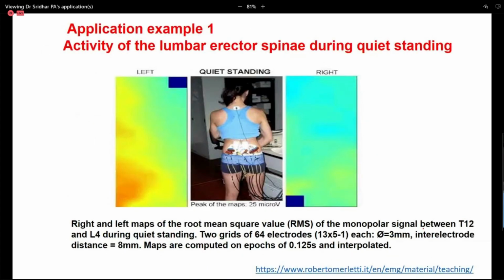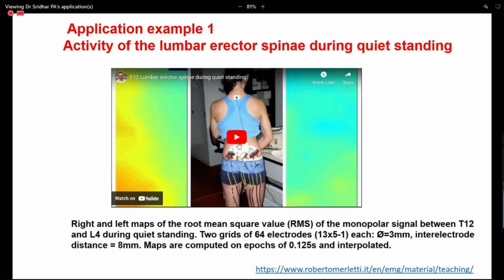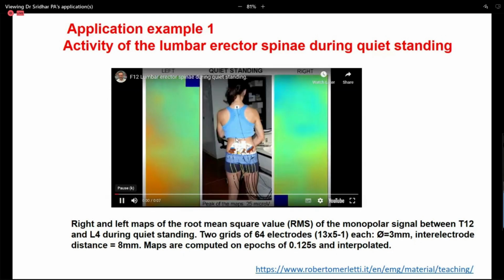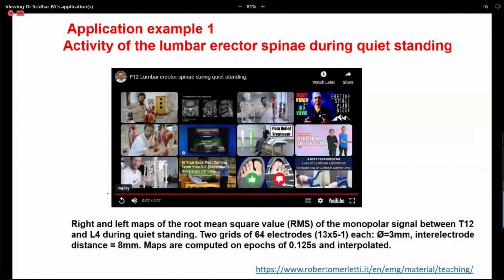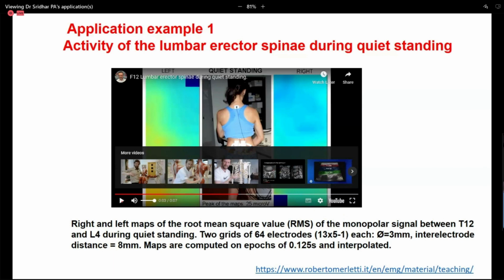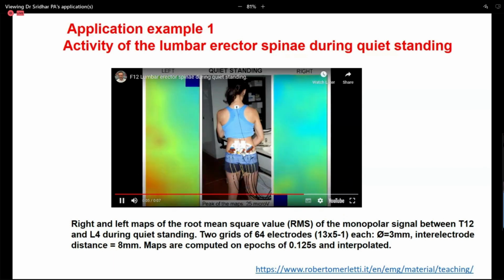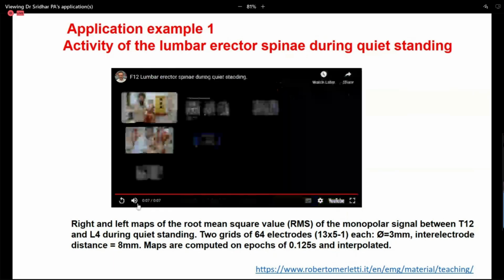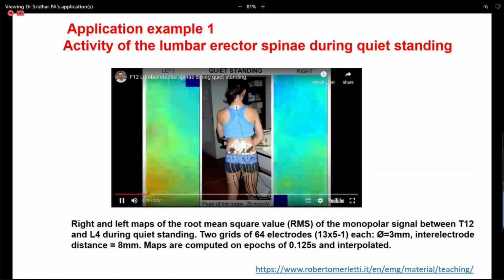And this is just an example. This is the visualization we used to record, from about 10 years ago when electronics was just emerging. You can see that visualization. Before, doctors were unable to look into these. When you are standing for a longer time, in quiet standing, you can see how the muscles in your back get activated.